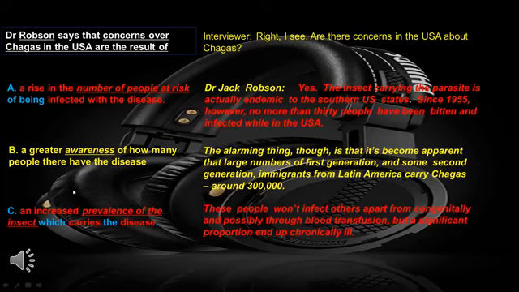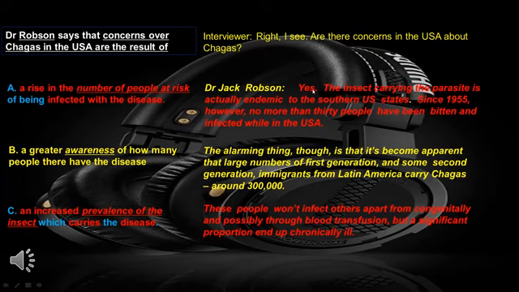Okay, let's take each answer. Here, a rise in the number of people at risk of being infected with the disease. Read the paragraph of the talk: the insect carrying the parasite is actually endemic to the southern US states since 1955. However, no more than 30 people have been bitten and infected while in the USA.